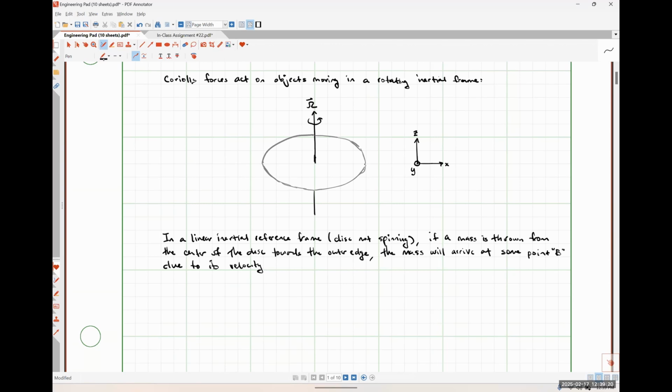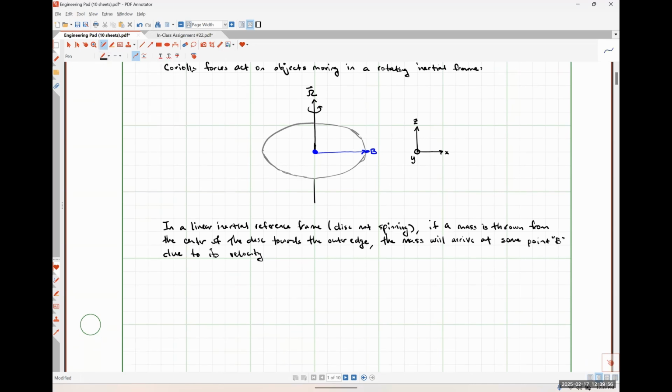So essentially, if I have a ball here and I throw it towards the outside edge, it will eventually hit this point B on the outer edge of the disk because the ball is traveling with some particular velocity, right? In a linear reference frame, if I threw a piece of paper at Andrew, assuming my aim was true, I would probably hit him because everything is normal, right?